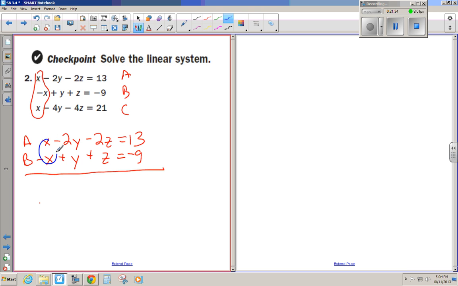That becomes 0. This is negative y minus z equals 4. Now you have a new equation.